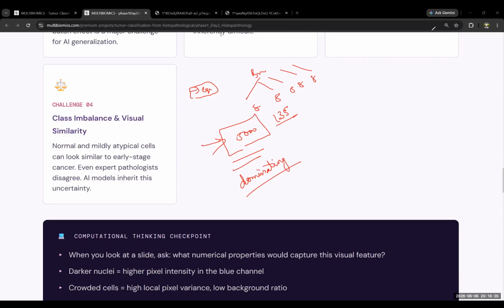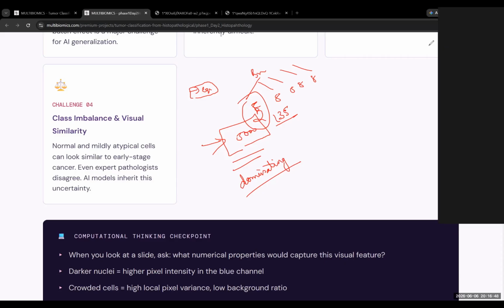You're feeding more images, more numbers. You will understand this when I discuss the data set. But for now, just remember that if the class is imbalanced, the AI's prediction will lean more towards that class. There are 100 images here, and there are 2 images there.